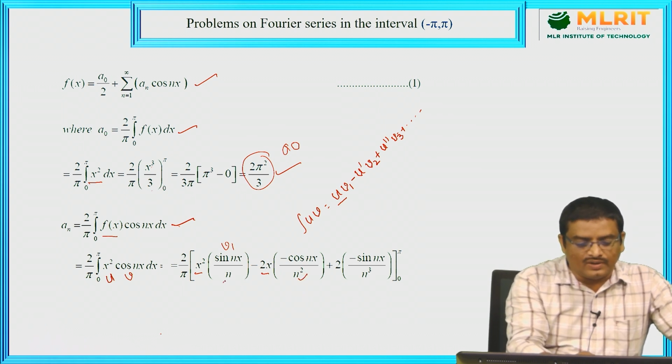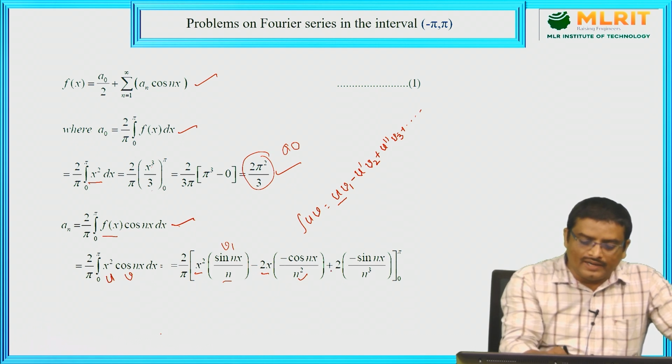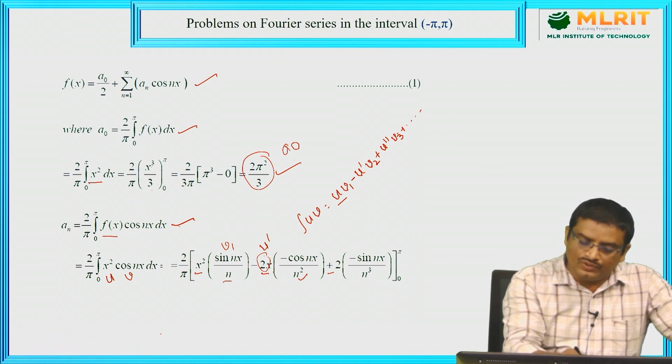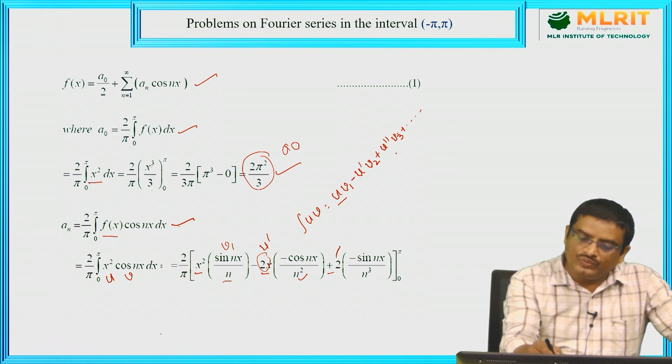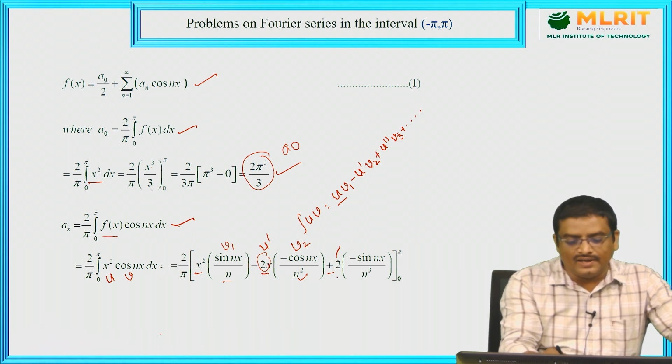Already we have n in the denominator in v1, so if you apply the integration once again, you will get another n in the denominator, so n into n gives n square. Now alternate plus here, and this is our u dash. Now apply the derivative to u dash: the derivative of 2x is 2, that is u double dash, into v3. So this is v2. Once again apply the integration for v2 and you will get this value here.